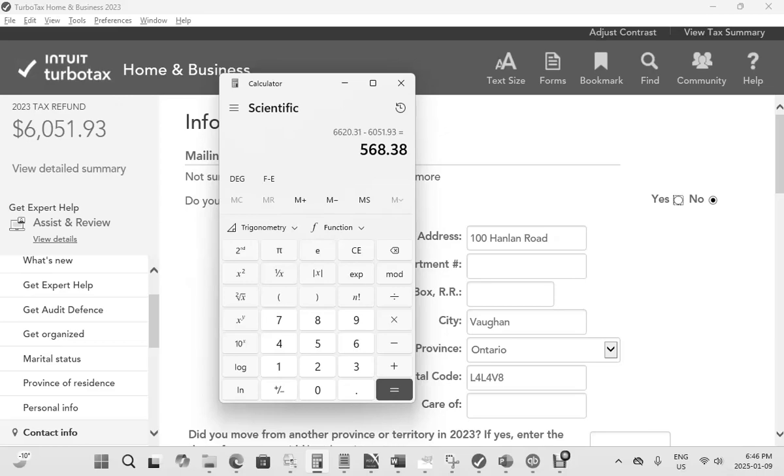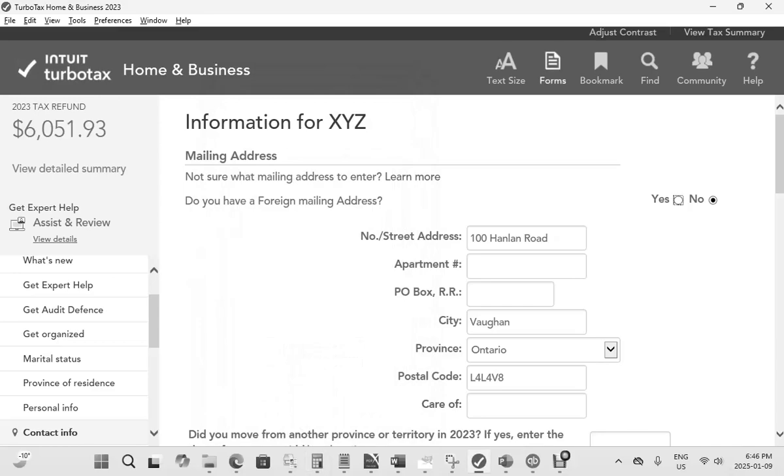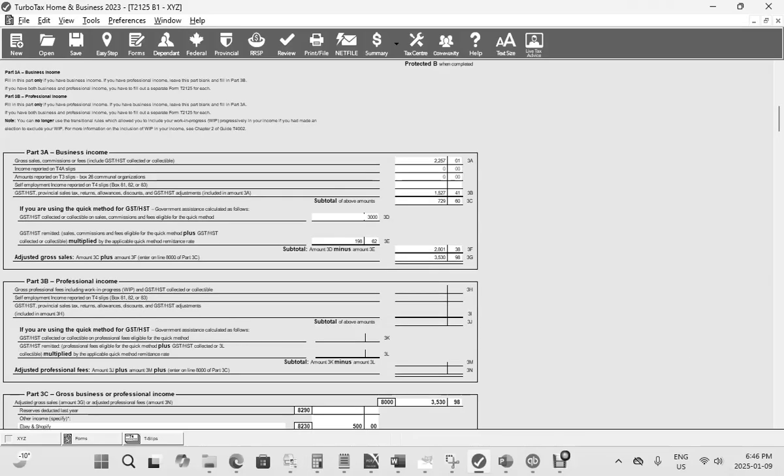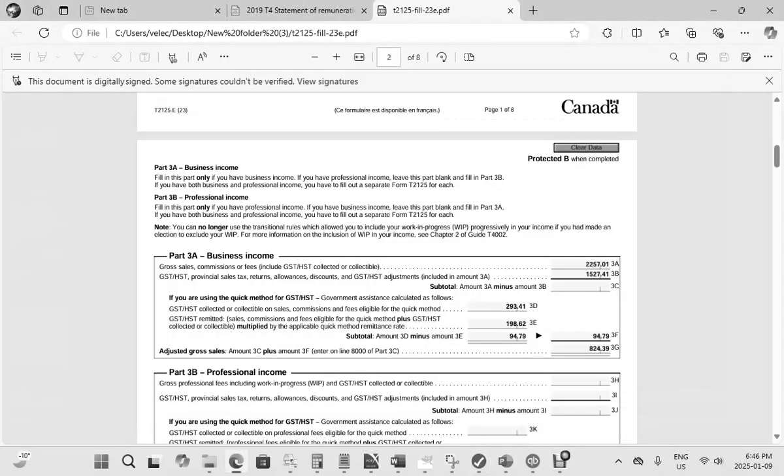That's a total of over $500, just because you changed your sales tax collected. So let's change it back to what it was before. This was $293.41.